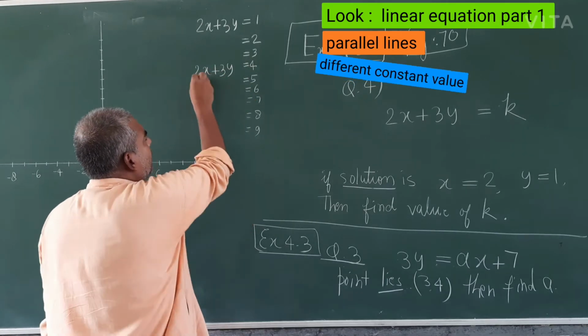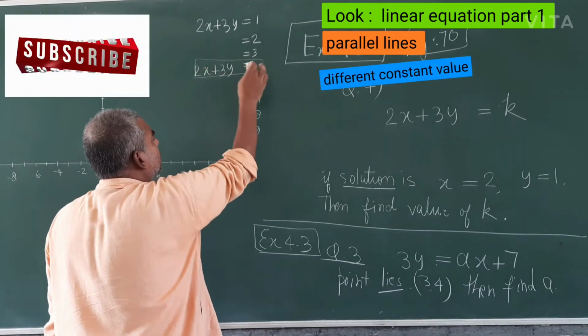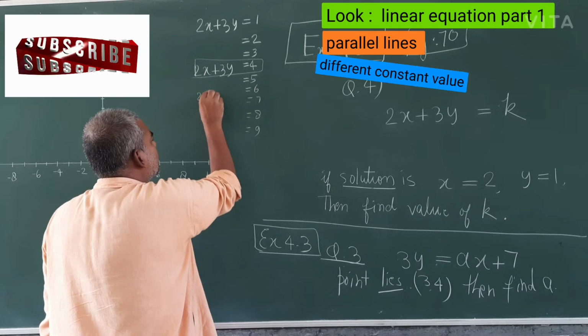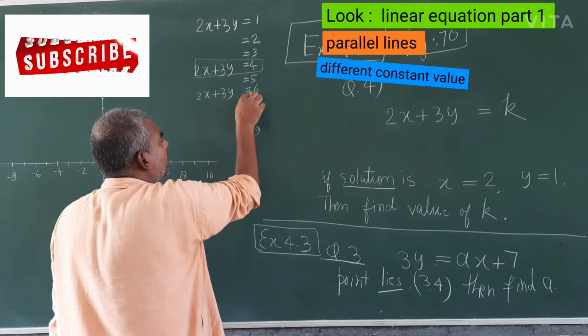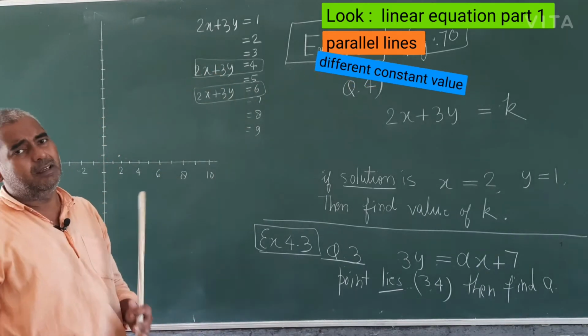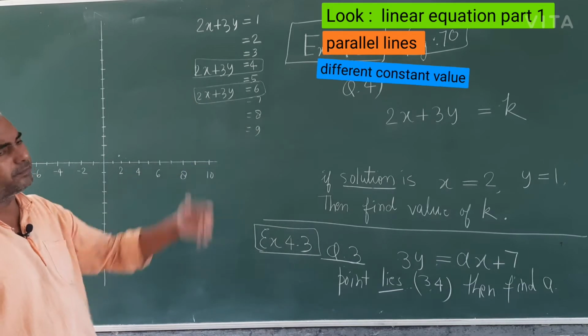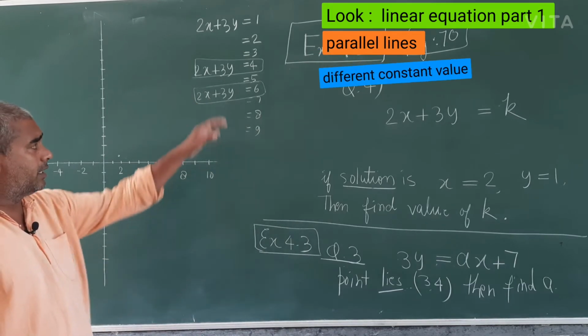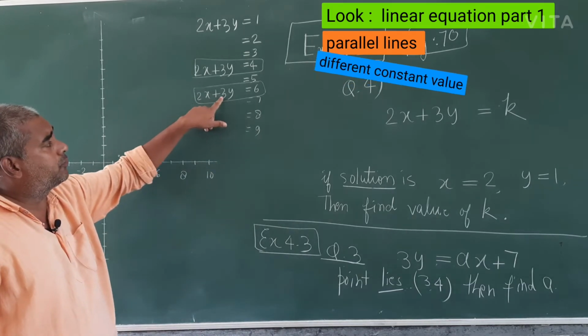Okay, let me take 2x plus 3y is equal to 6. I can draw any line. So come on this line, 2x plus 3y is equal to 6.